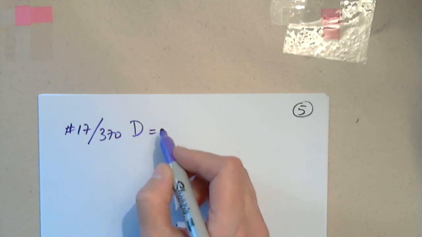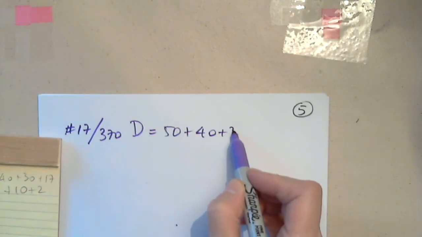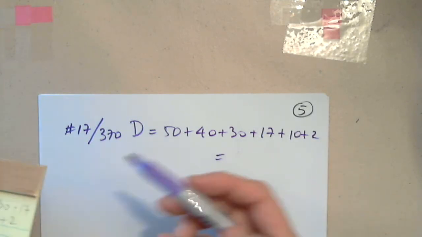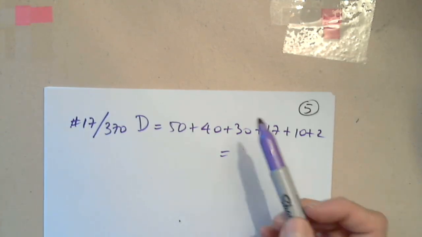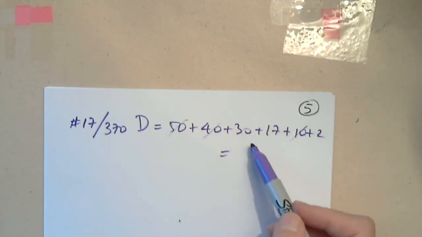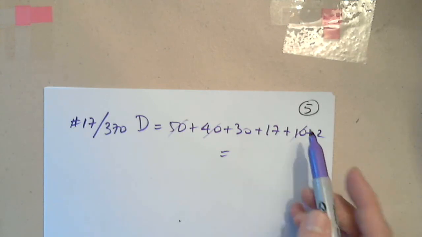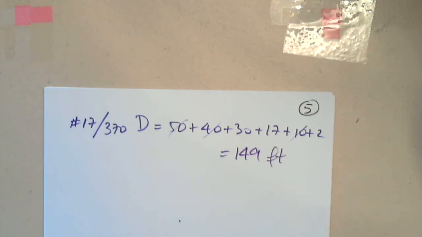And the distance, I added up 50, 40, 30, 17, 10 and 2. They're all multiplied by 1. So what do I get? This is 100. This is 149. And that's feet. Just making sure, feet per second, feet, yes.